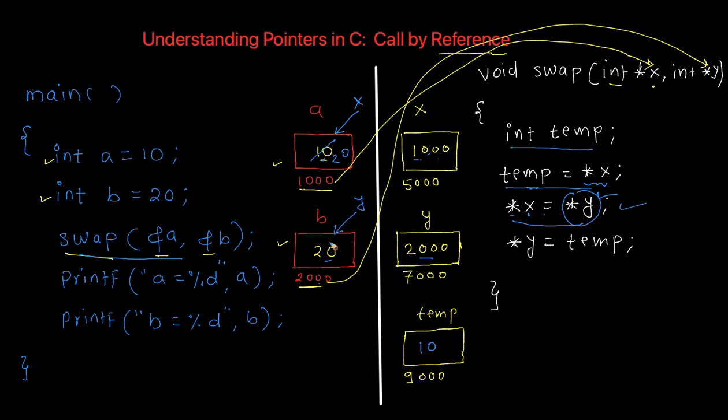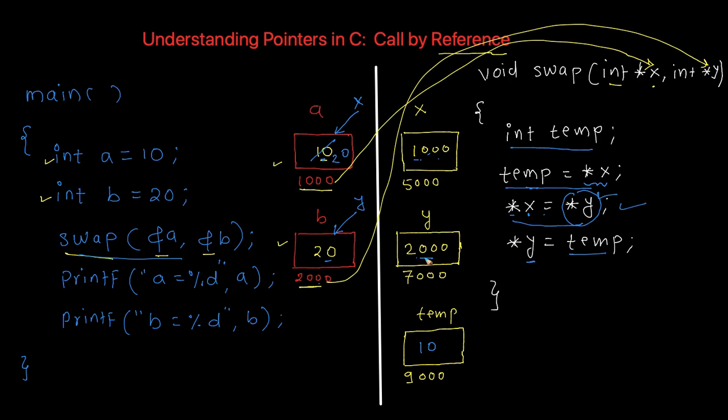Now in B, what do we want? We want the 10, but that 10 in A is overwritten, but it's already stored in temp. So this temp, which is holding 10, we want to assign to B by using pointer Y. So I'll say value at address which is there in Y. What is the address in Y?